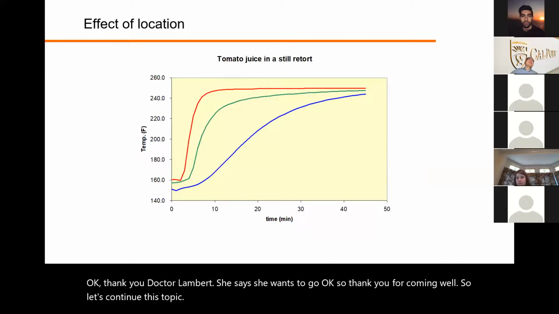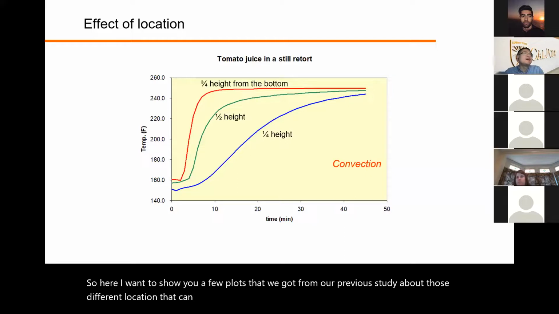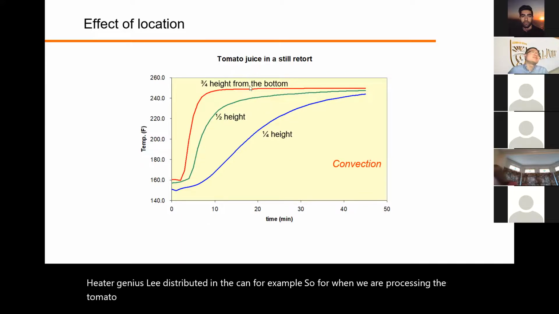So here I want to show you a few plots that we got from our previous study about those different locations in the can, how they can impact the heat penetration, and how the temperature is so heterogeneously distributed in the can. For example, when we're processing tomato juice, we place the thermocouple into three different spots in a can: 3/4 of height, 1/2 of height, and 1/4 of height.